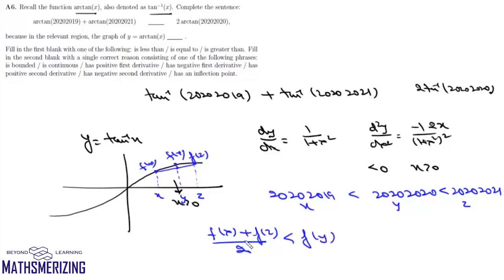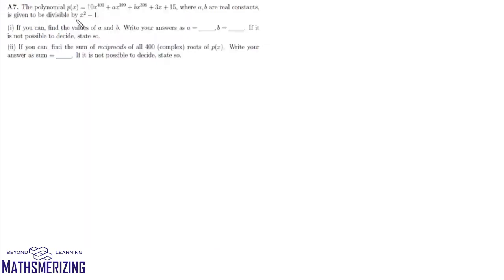So we can write (f(x) plus f(z))/2 is less than f(y), which gives us the result tan inverse x, which in this case is tan inverse 2020^2019, plus tan inverse z is less than 2 tan inverse y, because in the relevant region, the graph of y equals tan inverse x has negative second derivative because it is concave down. So for this question, the first one will be 'is less than', and the second one will be 'has negative second derivative'.